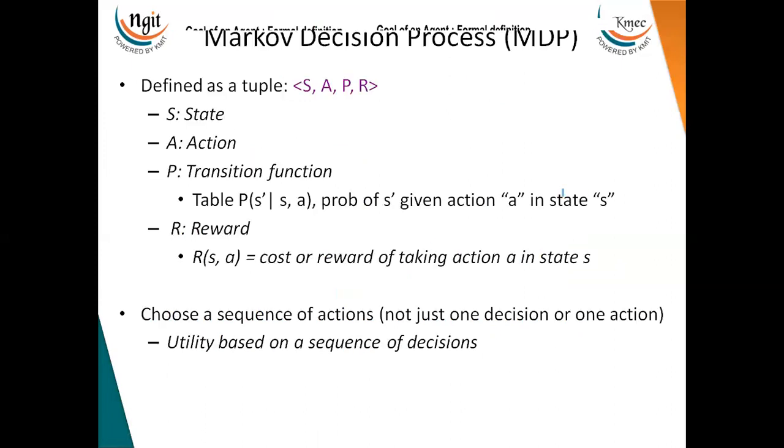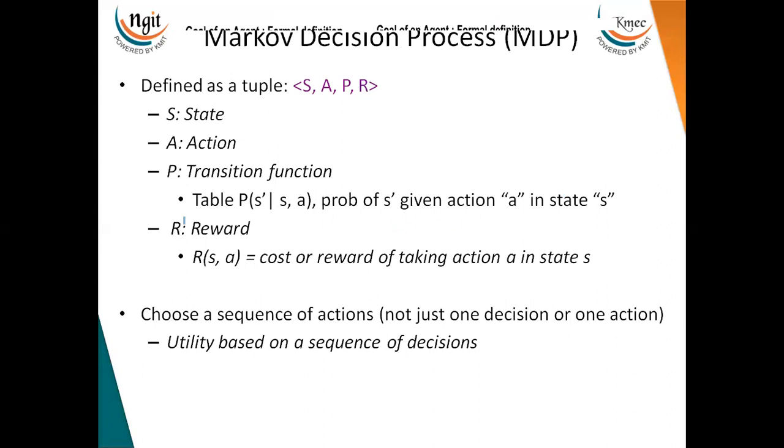Now, how do we indicate the Markov decision process? By a tuple containing S, A, P, R. S is the state, A is the action, R is the reward. Then what is P? P is the probability of the transition from S to S dash. S is the state in which I am applying the action A so that I can transit from state S to S dash.